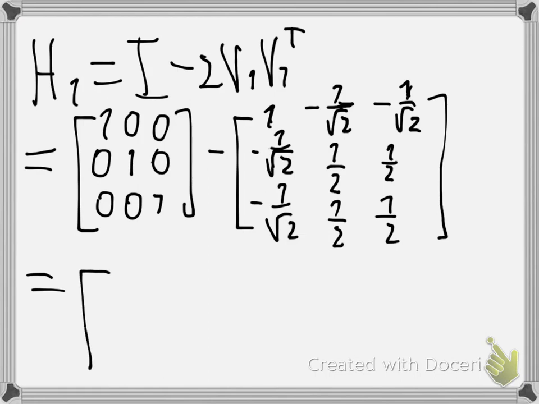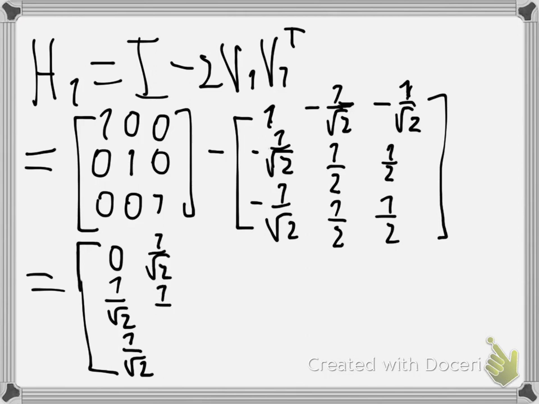So if you compute that, you should get 0, 1 over square root of 2, 1 over square root of 2, 1 over square root of 2, 1 over 2, negative 1 over 2, 1 over square root of 2, negative 1 over 2, 1 over 2.